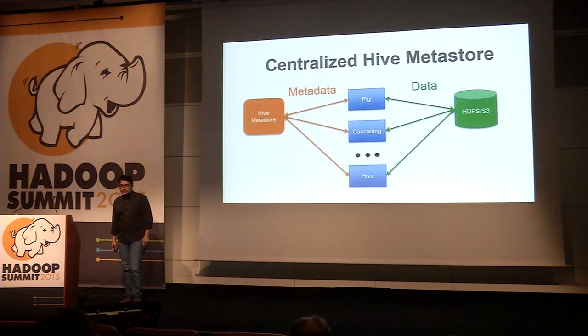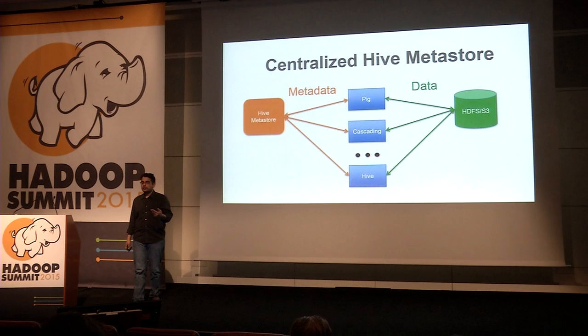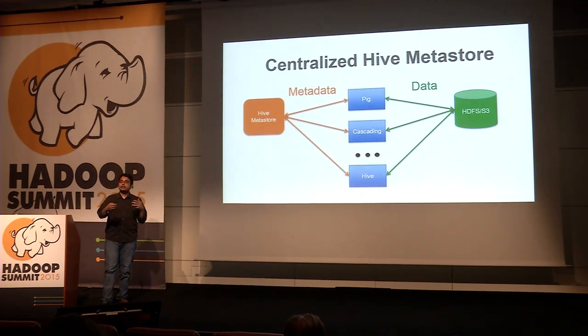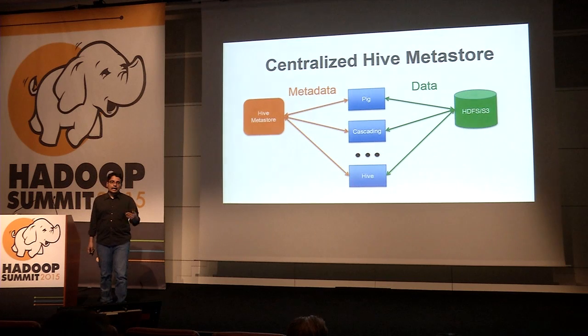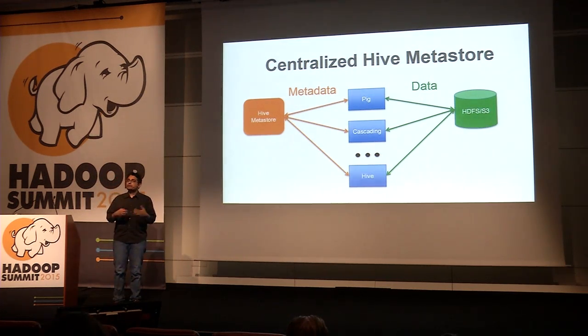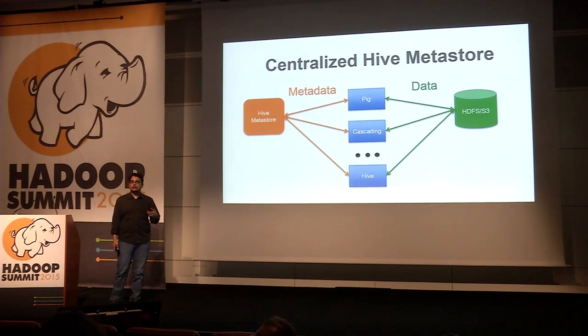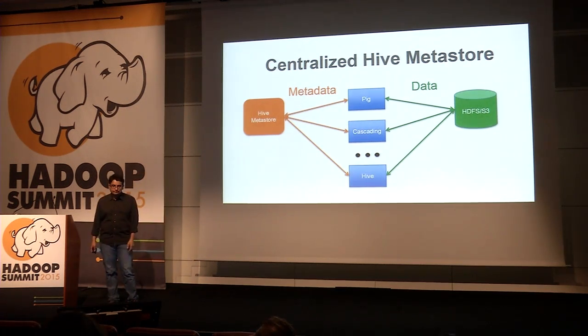The second design choice that we made was to use Hive and use the Hive metastore as a centralized truth for metadata. We picked Hive because the SQL interface was very simple and very well understood across the industry by both engineers and non-engineers. So a large portion of the data jobs that we write at Pinterest are Hive jobs.